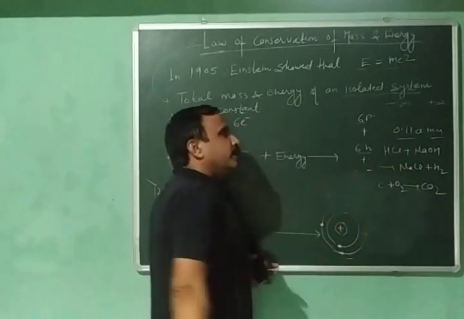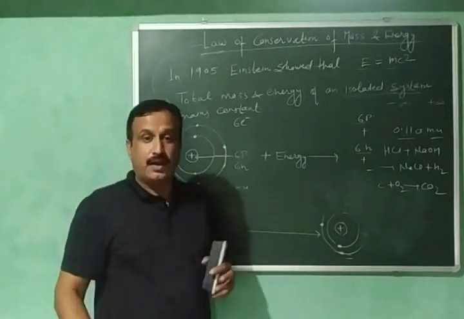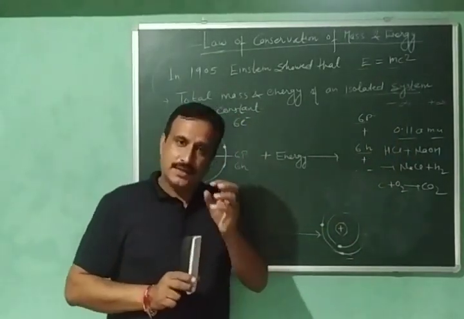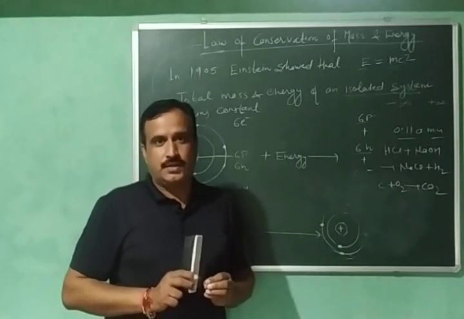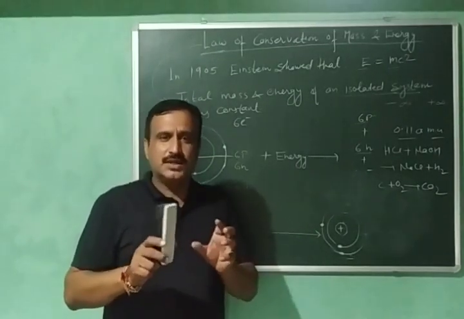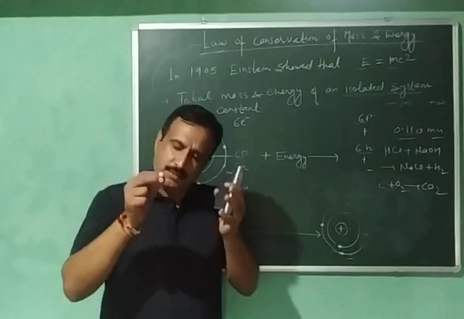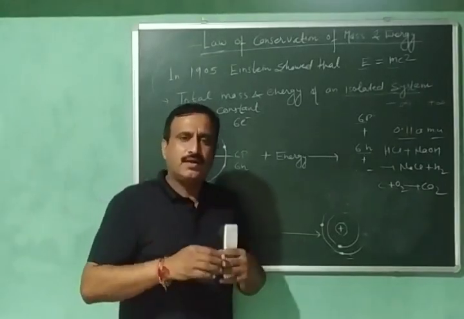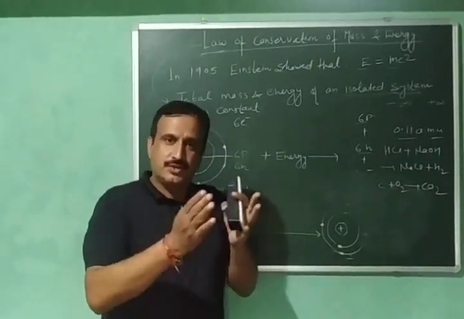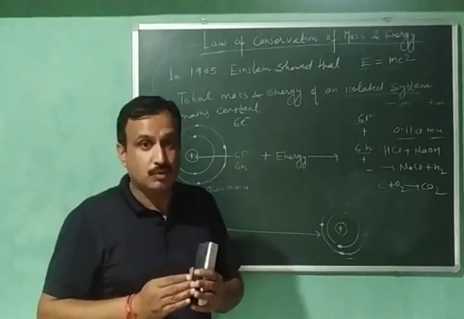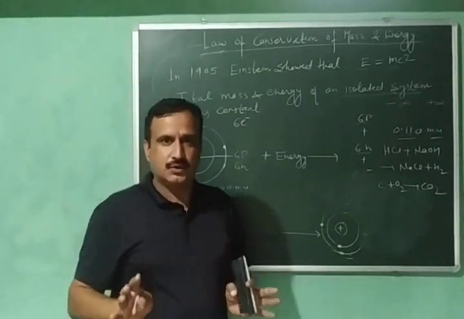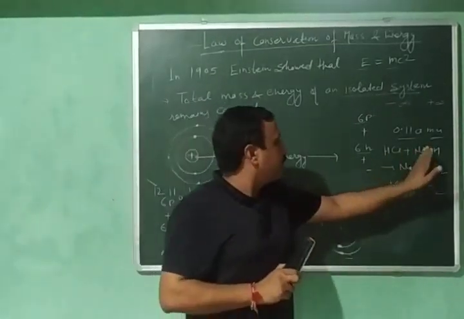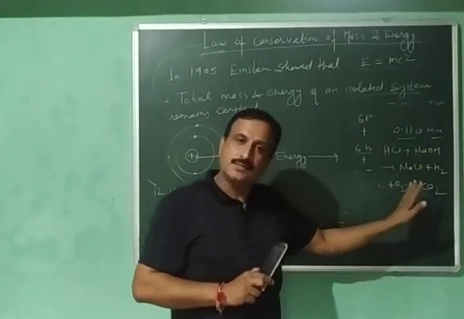So these are ordinary chemical reactions, and in these reactions mass remains constant. There is no significant change in mass. Mass remains almost constant, and if there is any change in mass, it is infinitesimally small and can be neglected.